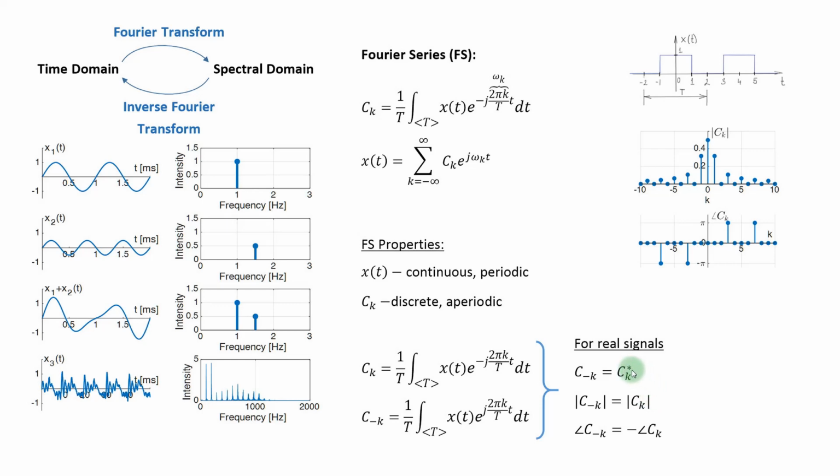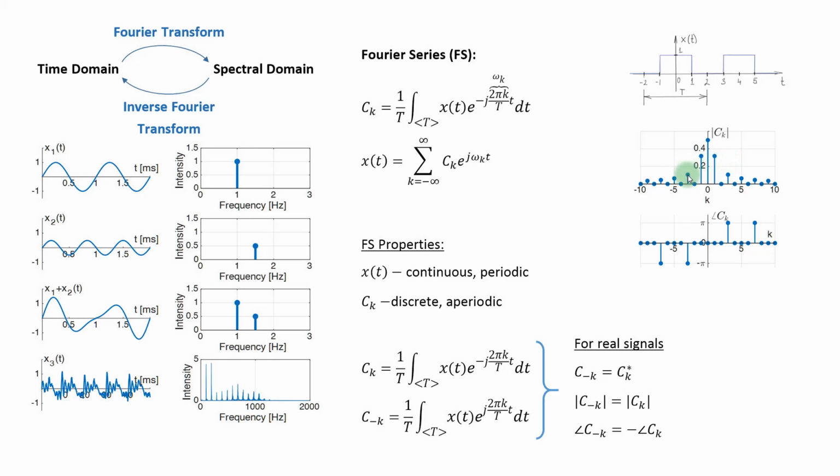But what the complex conjugation has effect on is the phase of a complex number. Therefore, the phase spectrum for some index minus k will be equal to the minus of the phase spectrum for that index k. And you can see that here, this is a real signal. Therefore, we have this symmetry in the magnitude spectrum.